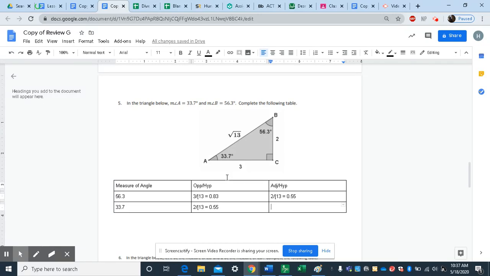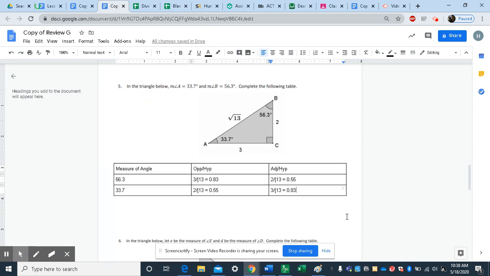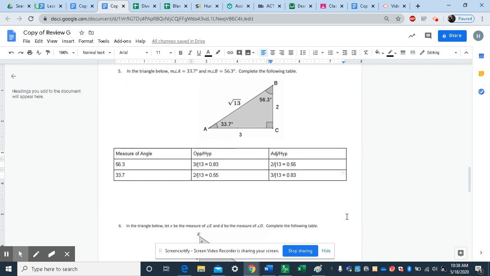And then for adjacent over hypotenuse, it'd be 3 over the square root of 13, which we already figured out the decimal, which would be 0.83. Okay, so that is the chart for number 5.